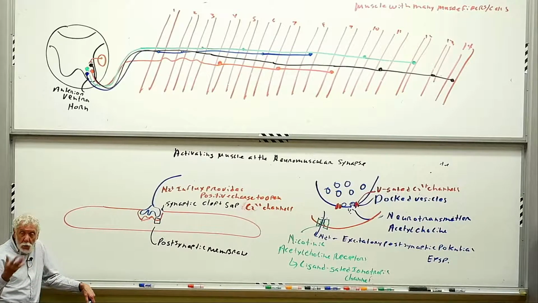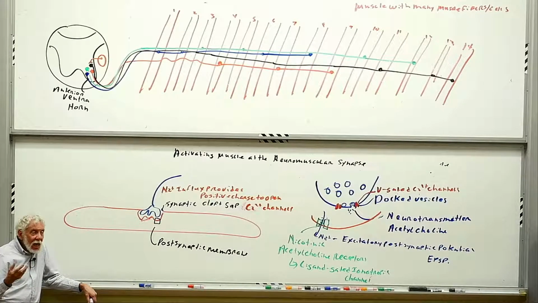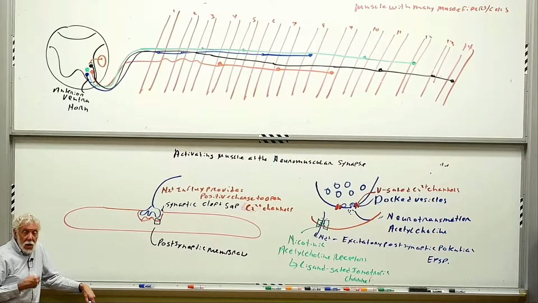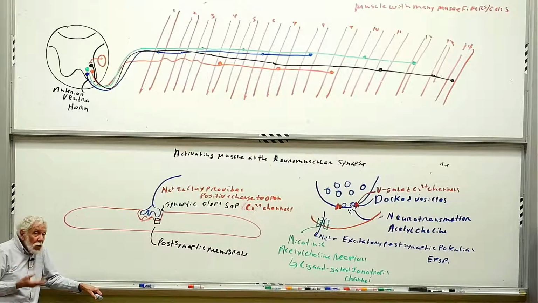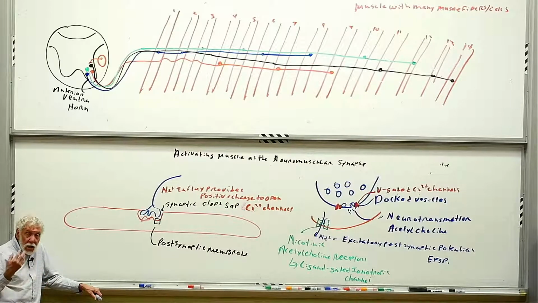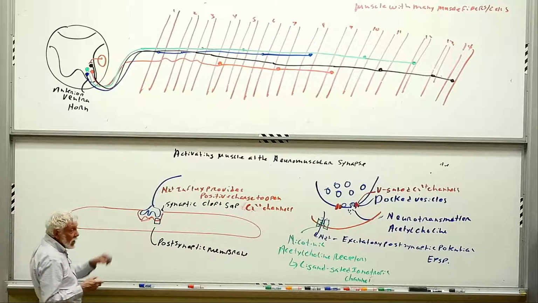Lots of neurotransmitter is released. Typically at one of these neuromuscular synapses, something between 50 and maybe 200 synaptic vesicles fuse to the axon terminal to release their contents. Each of those vesicles contains about 5,000 molecules of neurotransmitter. So we're simultaneously opening up a lot of these nicotinic acetylcholine receptors.